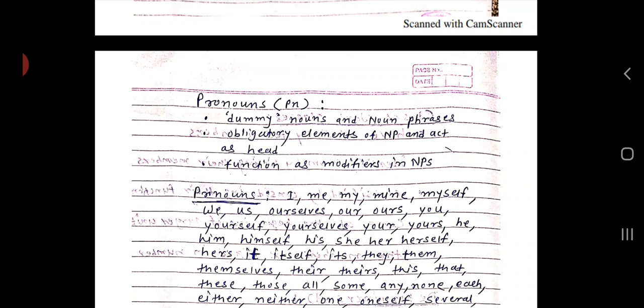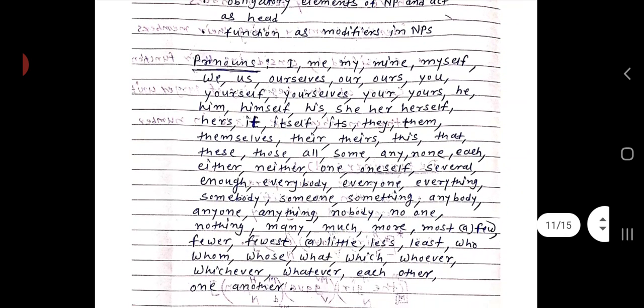Here is a list of pronouns, and this list again ends with a full stop. This list is a big one, beginning with I, me, my, mine, myself. We, us, ourselves, ours. You, yourself, yourselves, yours.